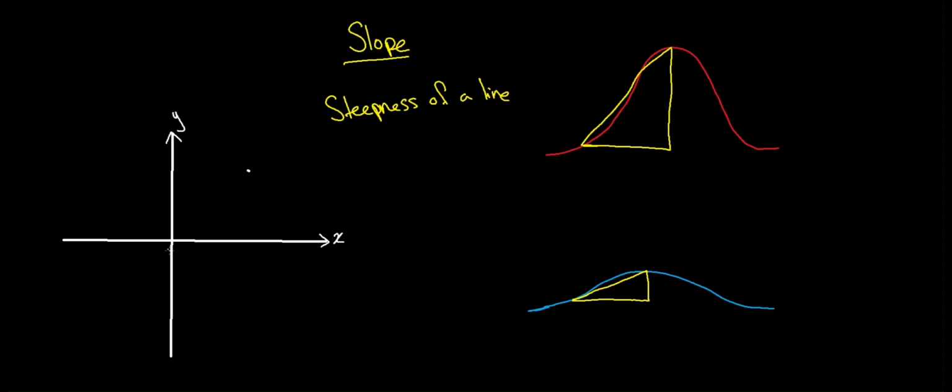Now, I want you to find the slope of a line that goes through the points (2, 3), which is this one right over here, and (6, 7). I want you to find the slope of the line that passes through these 2 points. That could be our line right there.